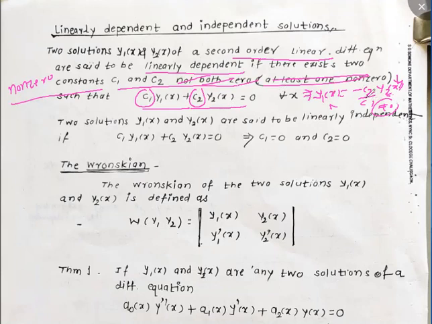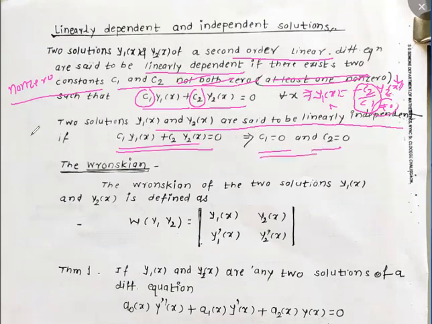So for that we require two non-zero constants such that C1y1 + C2y2 = 0. And two solutions are said to be linearly independent if this combination C1y1 + C2y2 = 0 implies that both constants are 0. In linear dependence, these two constants are non-zero in this equation, and they are linearly independent if we start with this combination and show that the two constants are 0.